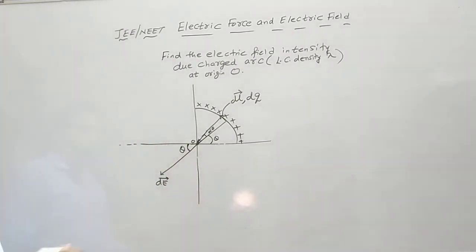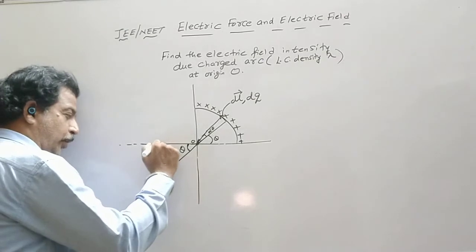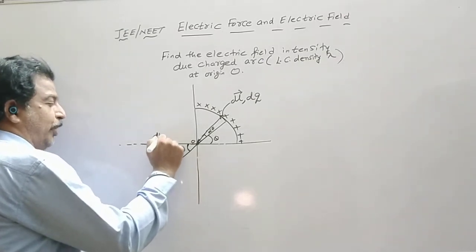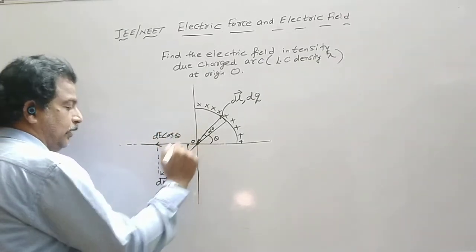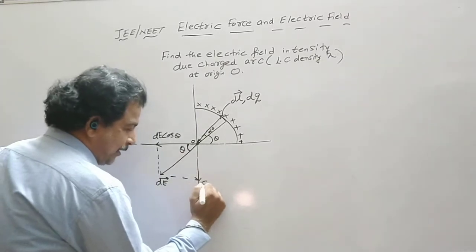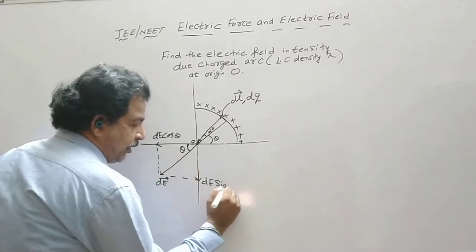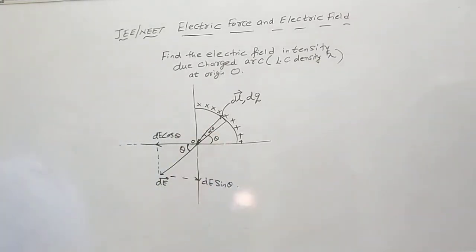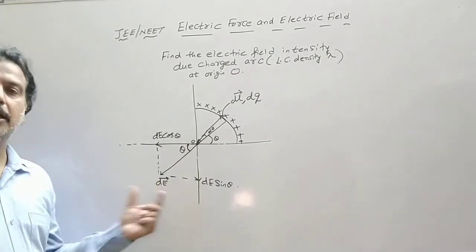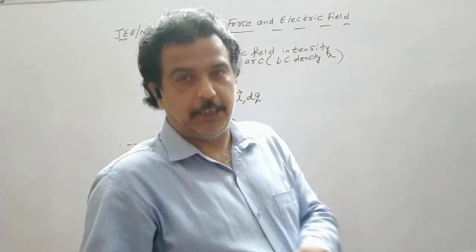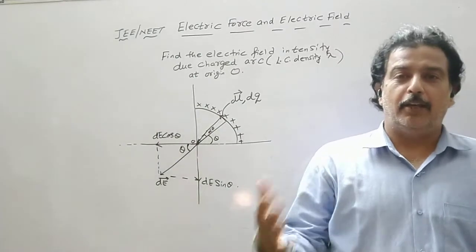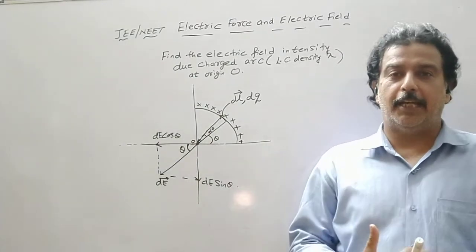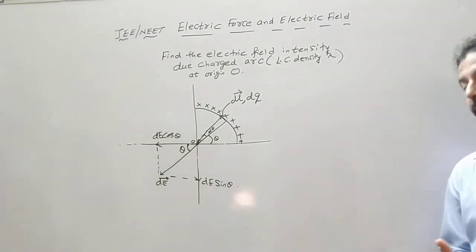Now I make components. I drop a perpendicular to this. So this component is dE cos theta and this component is dE sin theta. So clearly the direction of the resultant field intensity is in the third quadrant. So it has minus i cap and minus j cap as the unit vector or direction.